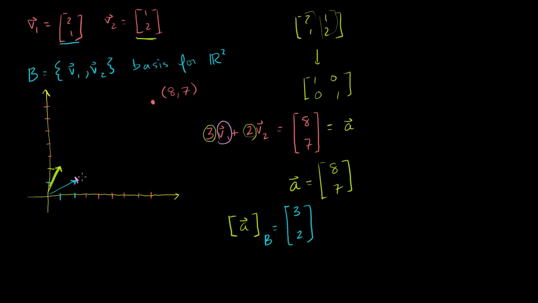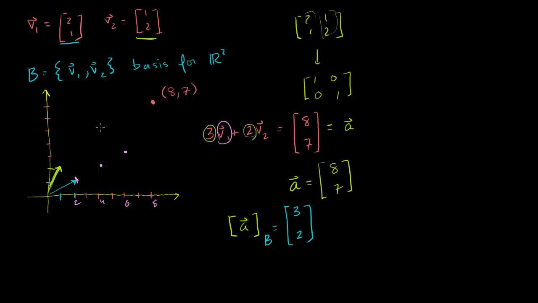Then if we do 2 times v1, we're going to get over here. 2 times v1 would get us to what? 4, 2. 3 times v1 would get us to 6, 3. So let's see. 1, 2, 3, 4, 5, 6, 7, 8. So 6 and then 3, just like that.